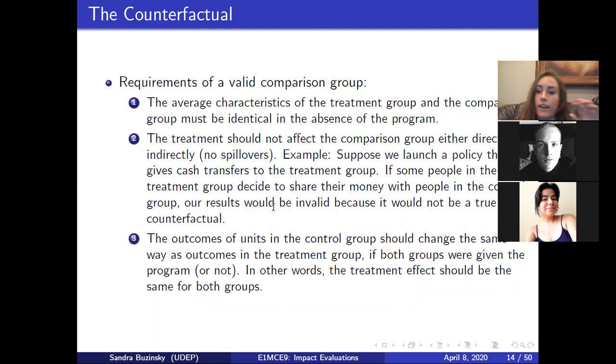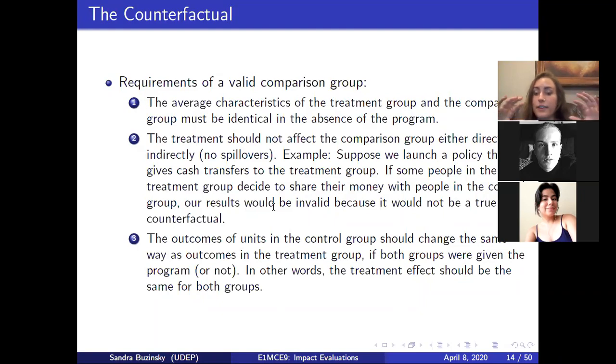If we did a difference test, it would need to be statistically insignificant at the 5% level, the 10% level, something like that. So for all important characteristics, they should be statistically identical, and that ensures that these groups are comparable and that there's no selection bias.